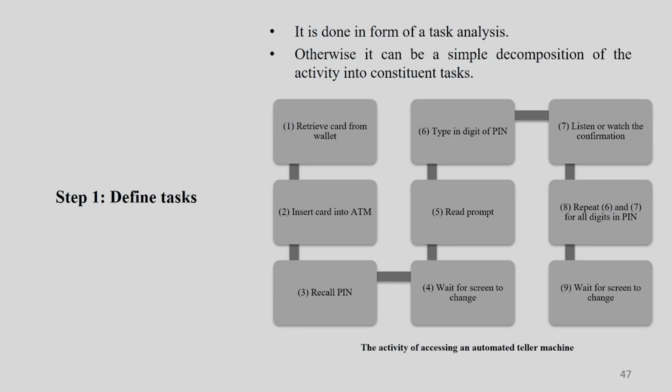Then listen or watch the confirmation; different machines perform differently. Repeat 6 and 7, because if it is wrong, you have to retype. If it is correct, you go ahead, and again you wait for the screen to change for the next step.